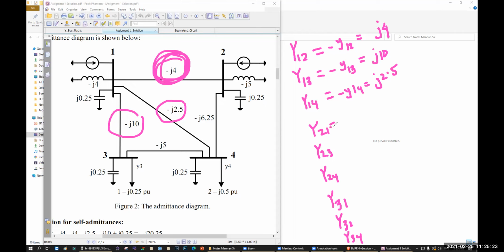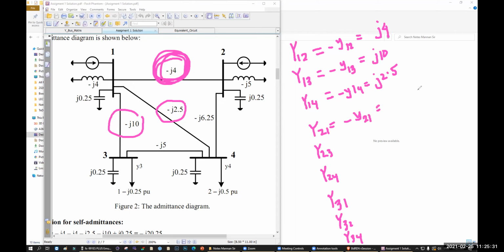What about the Y21? 21 means again, see, this value and this value are same, right? These two values are same. So these are the things you have to calculate. Once you calculate these, you will see these are all your mutual admittance.